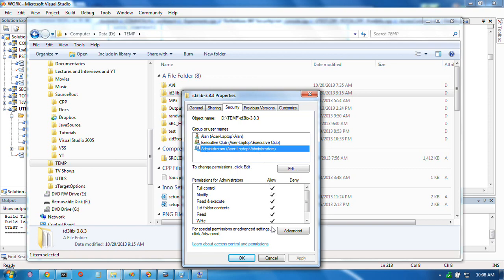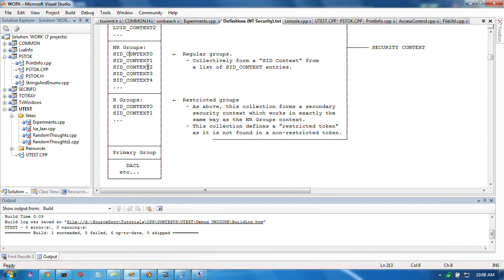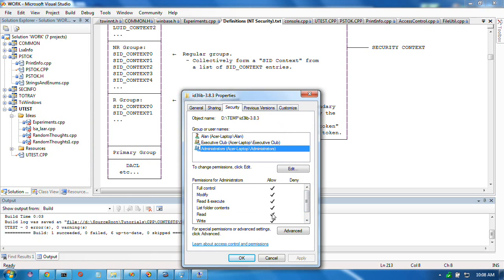In the non-restrictive groups, there is an entry, administrators, and it can only be used for denial. Well, there are no denials here, so none of these apply. Okay, so I'm not getting anything from there. No, I didn't disable this one.